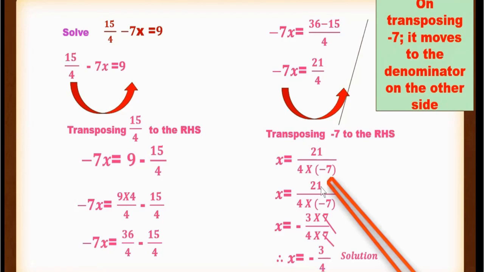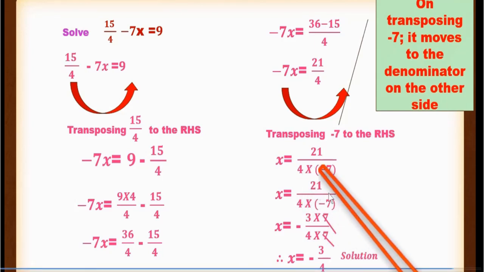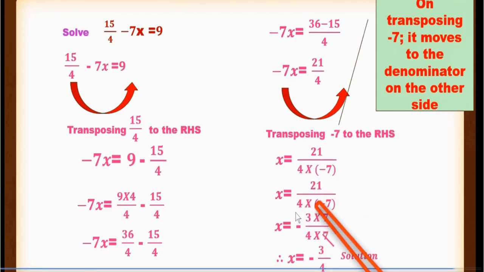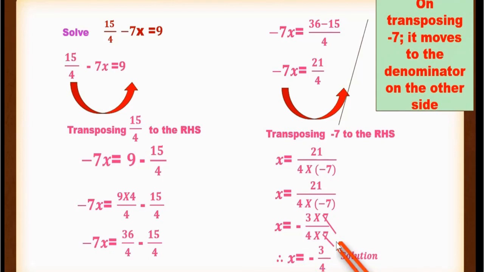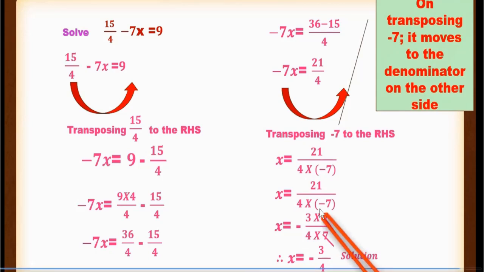Now the next step is to split 21 into 2 factors 3 into 7. Why did we do so? So that we can get eliminated of 7 both in numerator and denominator. For that, you have to move the subtraction sign from the denominator to the front and convert minus 7 into positive 7.